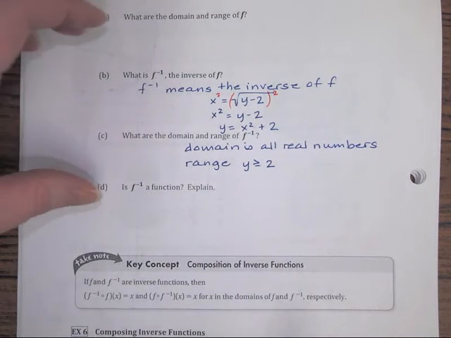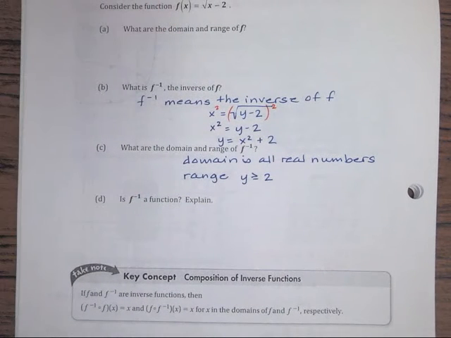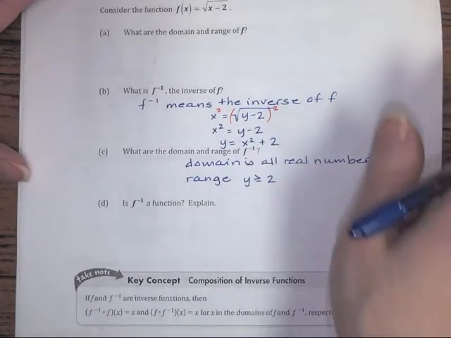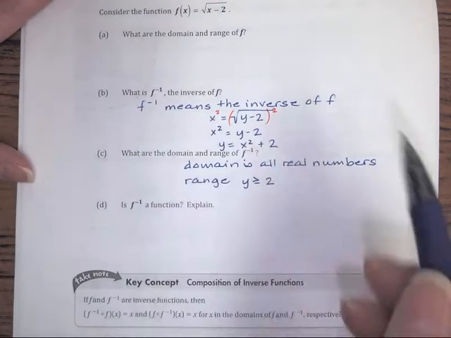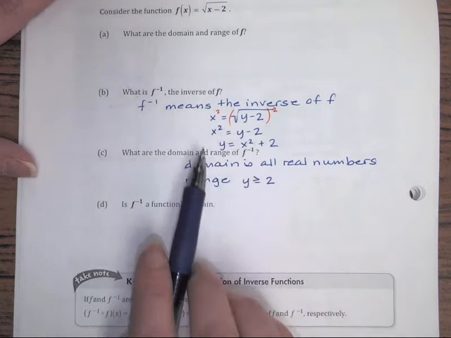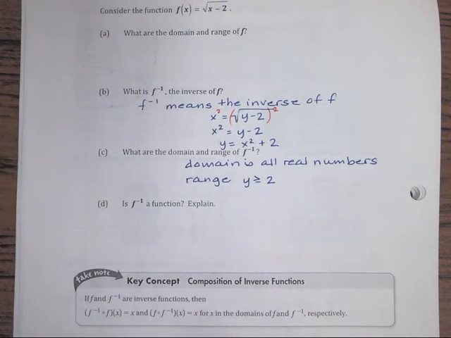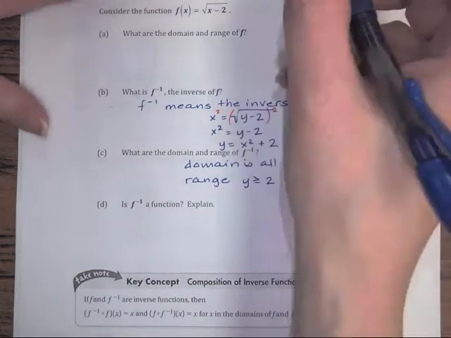Now, the domain and the range of f should be switched from this. So we would say that the domain is y is greater than or equal to 2, and the range is all real numbers. Okay? We'll see how this goes.